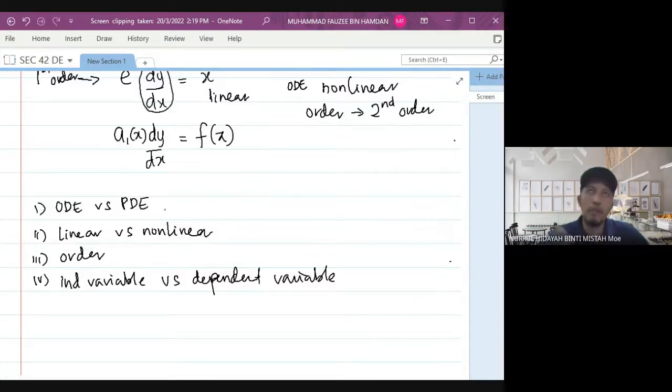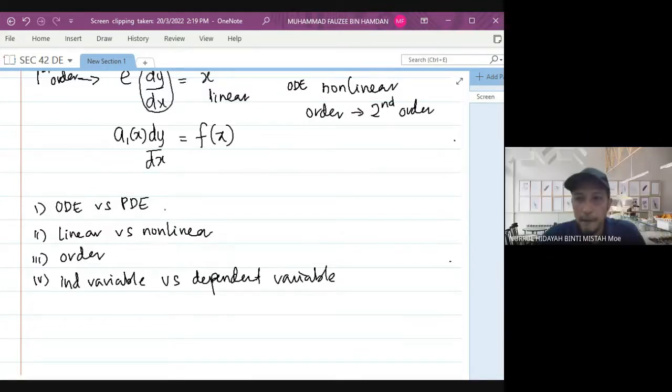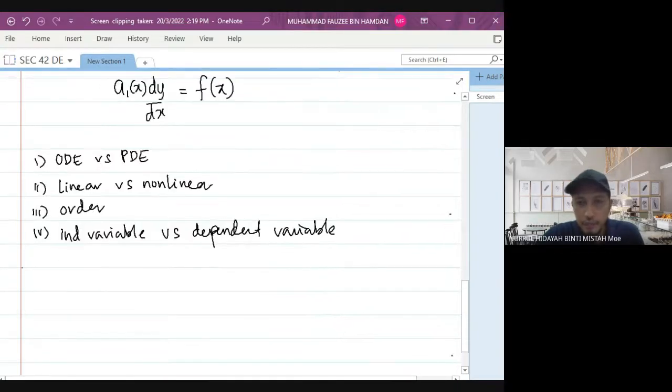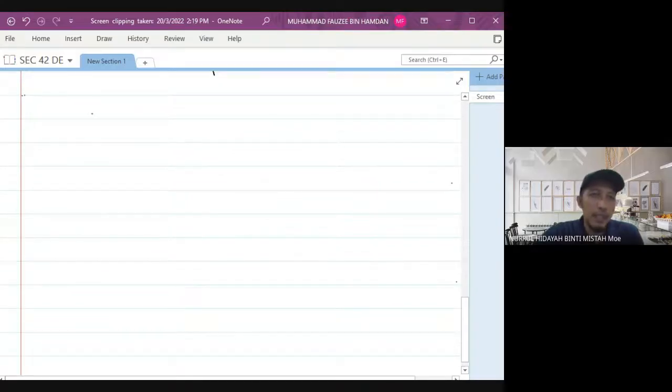Before we move to the example, any question? No question, sir. Okay, if there is no question, we try to look at a simple example. I just take it from the notes that I gave to you.